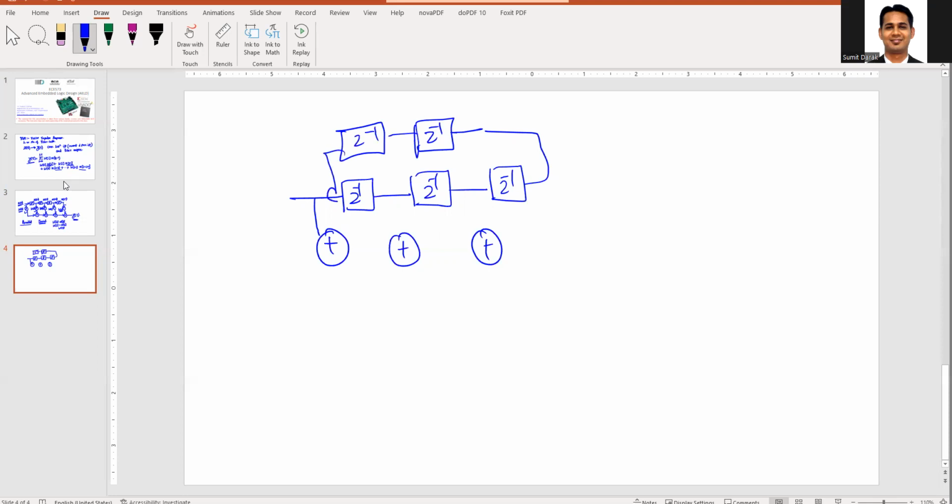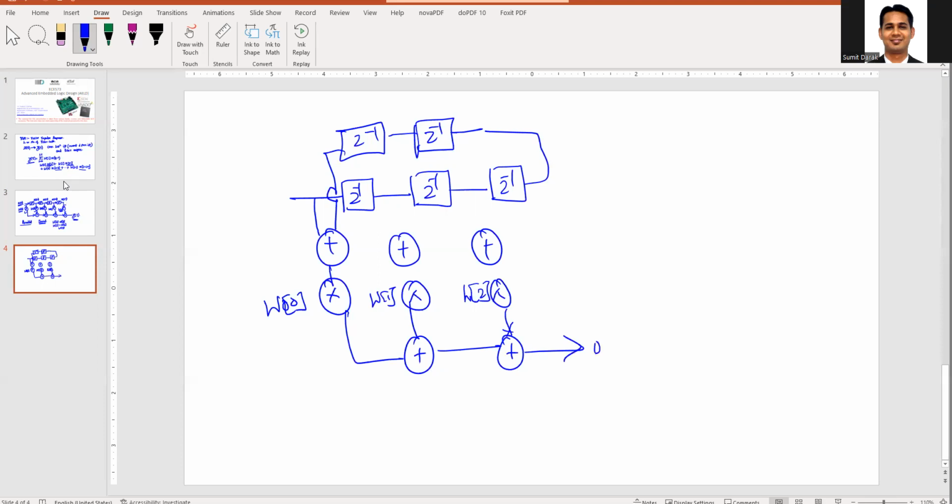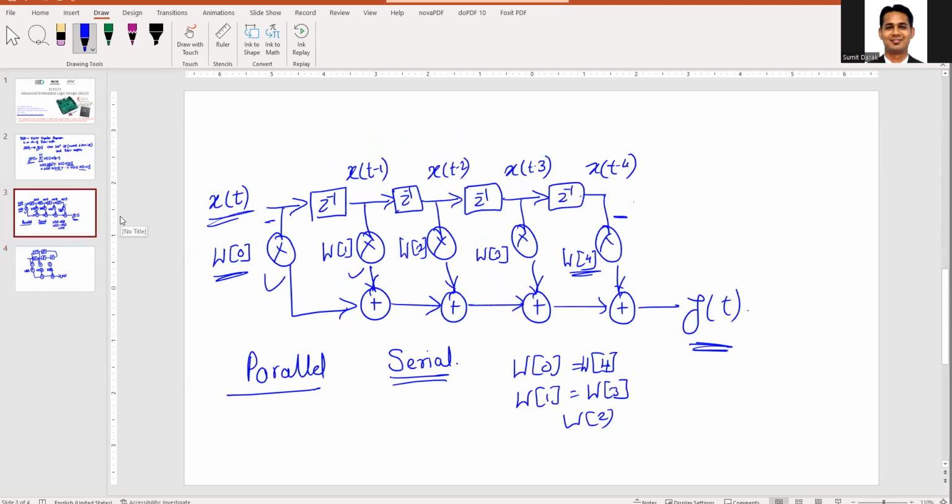Then I'm going to do the add operation here. Then I'm going to do the multiplication operation with the w of 0. Here also multiplication with the w of 1, multiplication with the w of 2. And this is addition, and then I get the y of t. So here you can see that I'll do the addition here, and then I'll do the addition here. I got this one covered, this one covered, and I don't need any adder here.